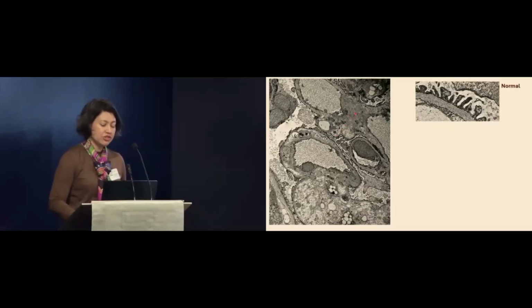So here's a mesangial area. This one's a bit more normal, but you can see it's very electron lucent with a lot of interposition of cellular debris, as well as the endothelium here, whereas you can see that there are the little fenestrations in the normal endothelium.